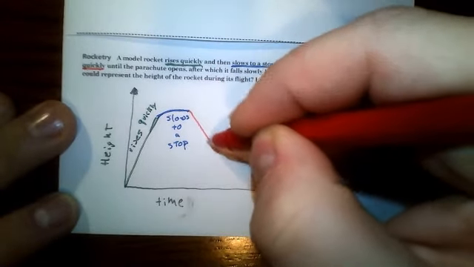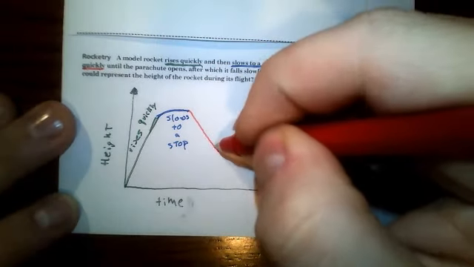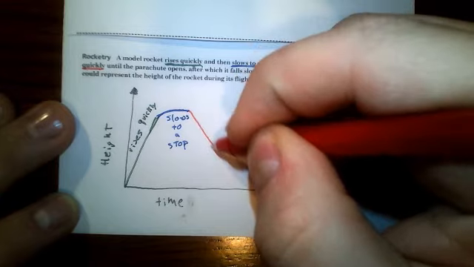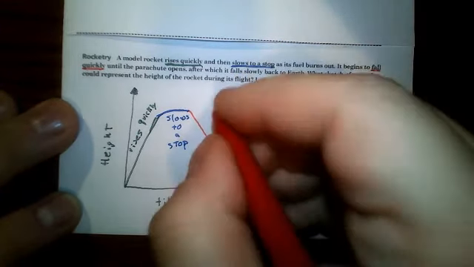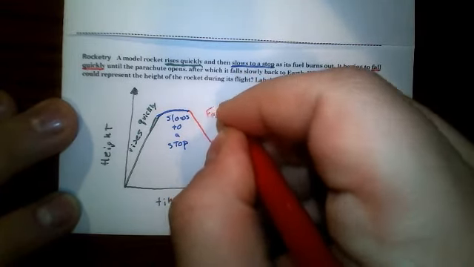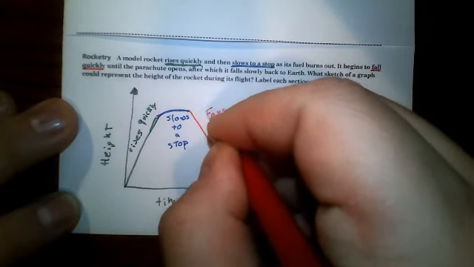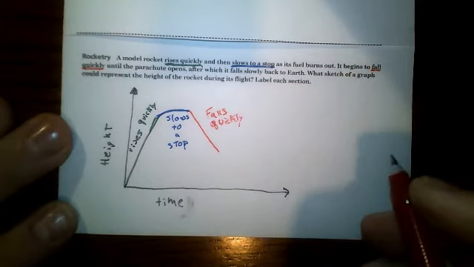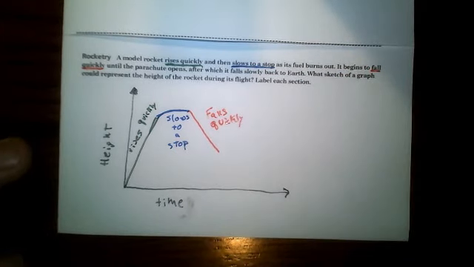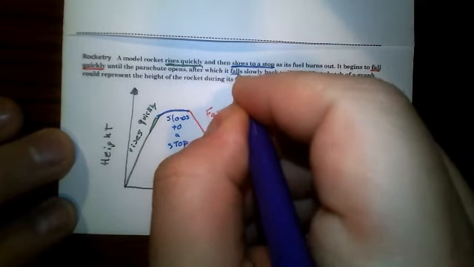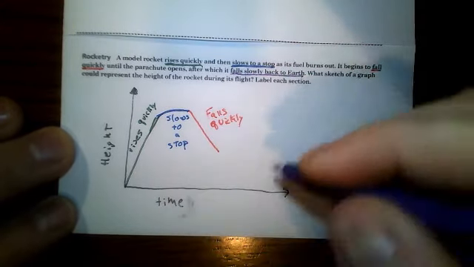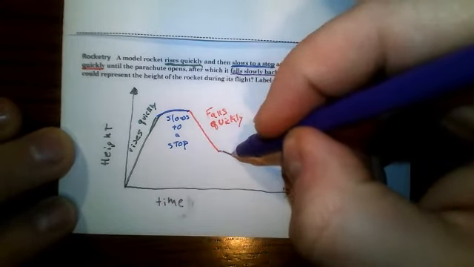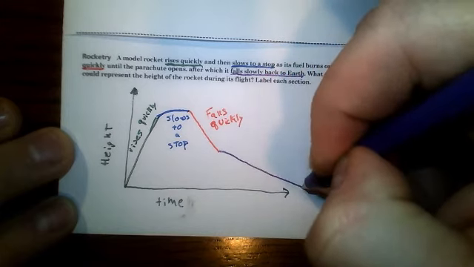Now it doesn't fall quickly the whole way down, so I can't draw it the whole way down, but certainly right here it falls quickly. And then the parachute opens and it falls slowly back to Earth. So it's falling slowly now back to Earth.